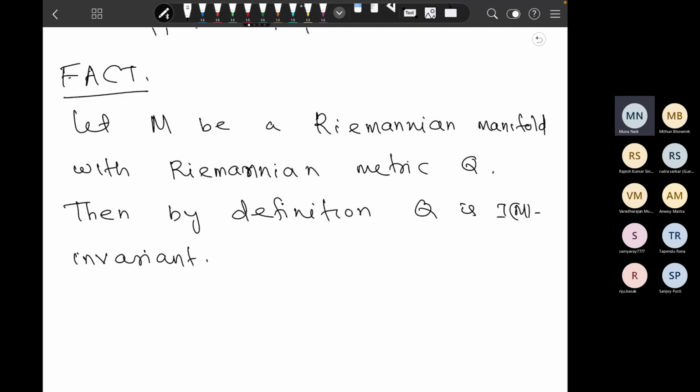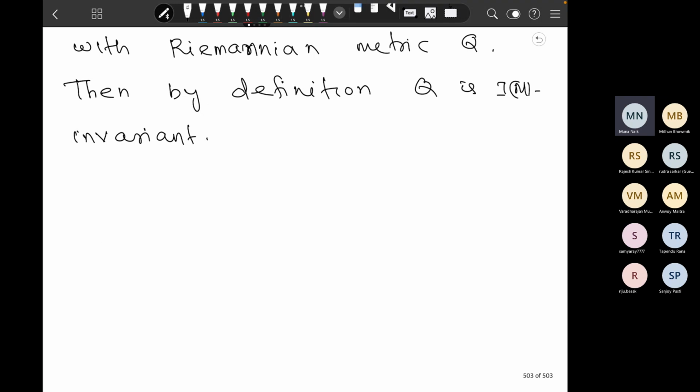This comes straight away from the definition.